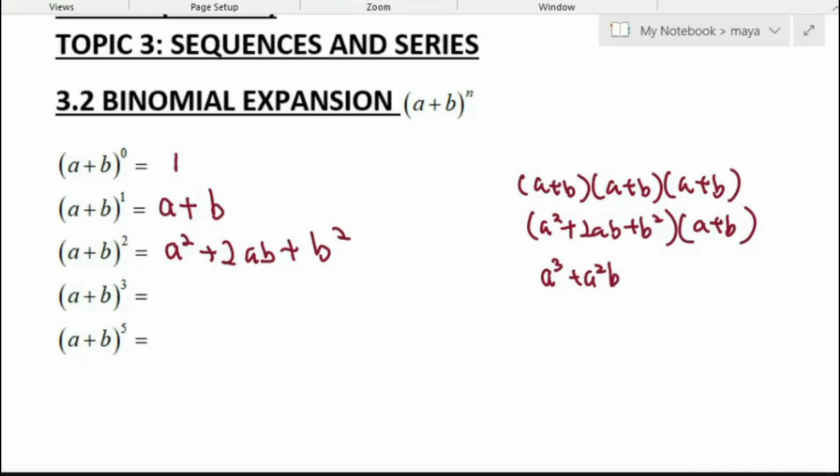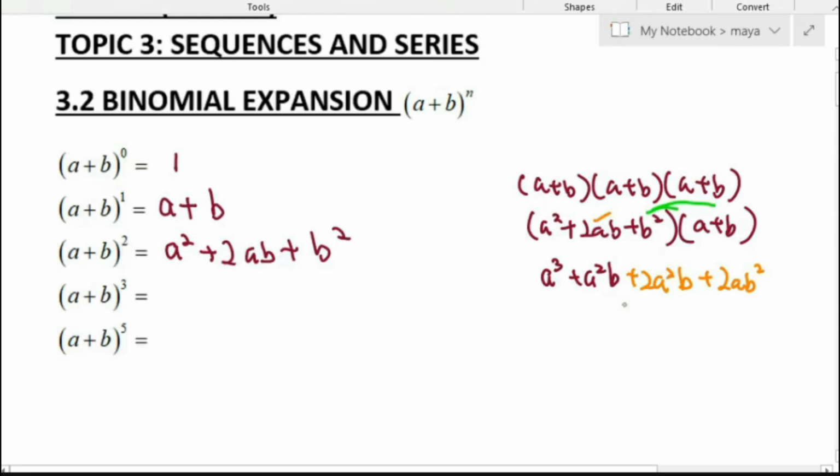Then for the second item here, 2a squared b plus 2ab squared, and then continue to expand for this third, ab squared plus b cubed.